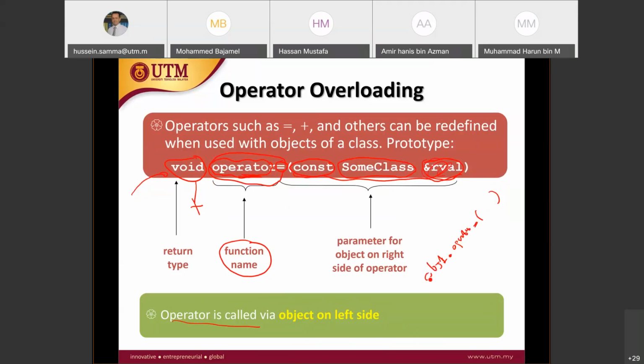So now object1 dot operator equal object2 is very similar to object1 equal object2. If you have this prototype, you can use it directly, or plus here. You can make an addition and return the object you want to return. So this is a key idea: how to make these operators work with objects. You need to define this overloading.